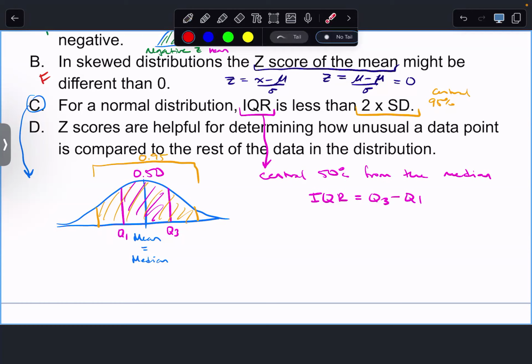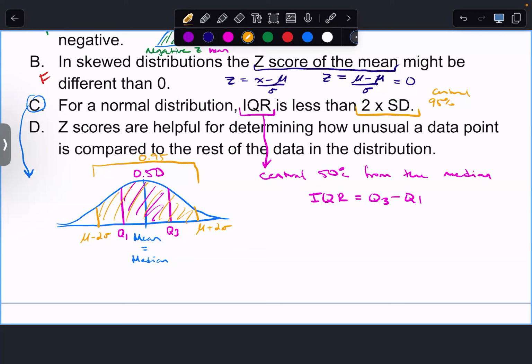So for a normal distribution, the distance between Q1 and Q3 is less than 2 standard deviations. So here, this is mu minus 2 sigma, and this is mu plus 2 sigma. And that's why that's true.